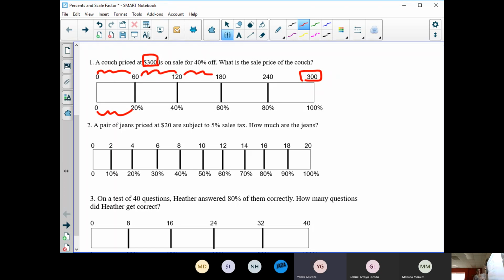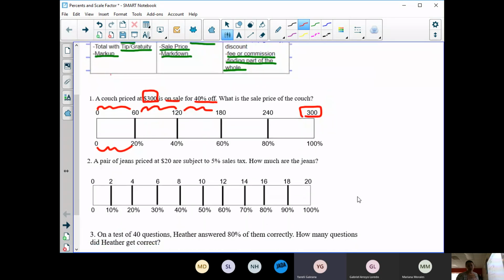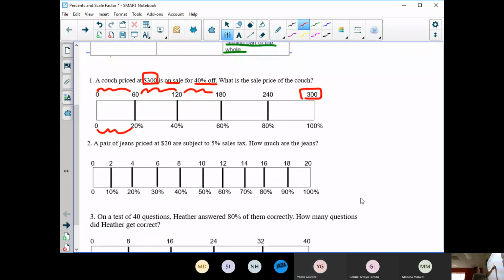Now I'm going to go up into my word problem, and it said it's on sale for 40% off. And I remember from up here that sale price is a decrease. So we're going backwards from 100.